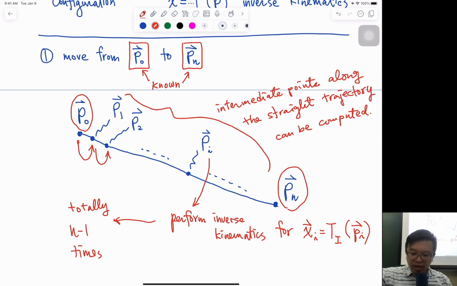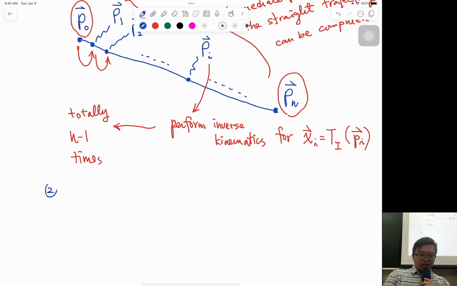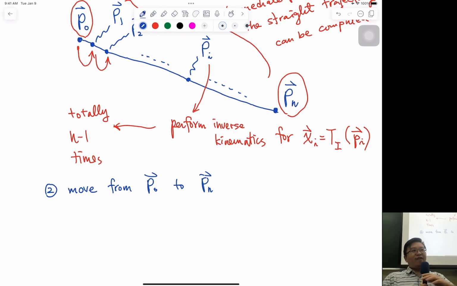Now, let's think about a different way that could be more effective. So, again, I want to move from P0 to Pn. But this time, I don't mind if you are not moving straight. Just move the way you like it. As long as you reach Pn, I'm okay with it.